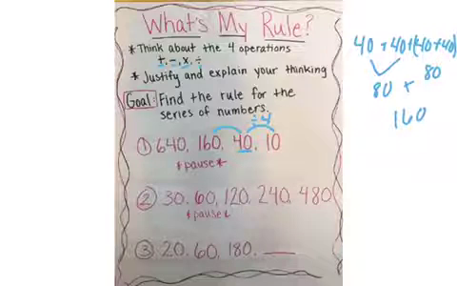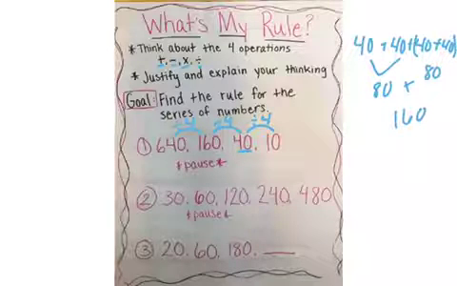So I could say that 160 divided by 4 would be 40 because there's that relationship between multiplication and division. So then we could say that 640 to 160 would be dividing by 4.